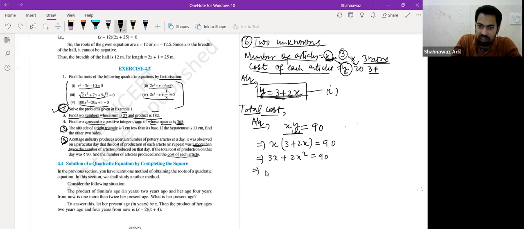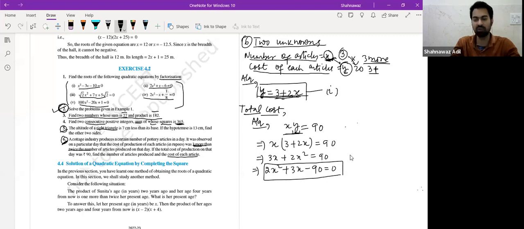Our quadratic equation would be 2x square plus 3x minus 90. So what number do we take the factors of? 90 into 2, which is 180.